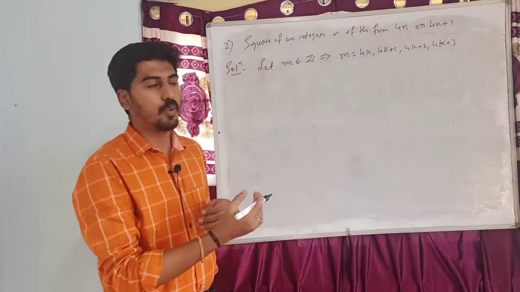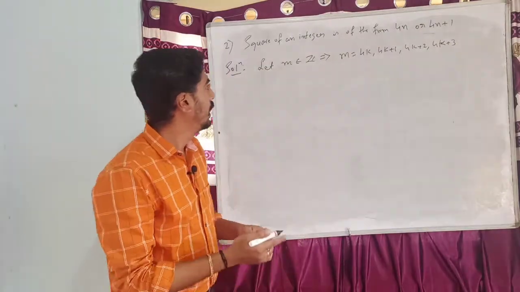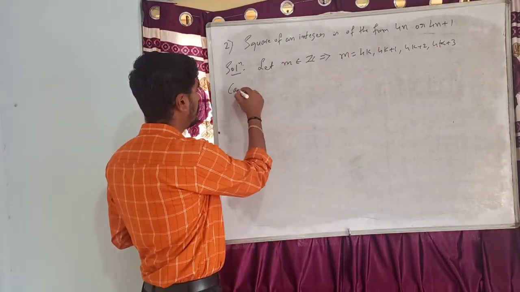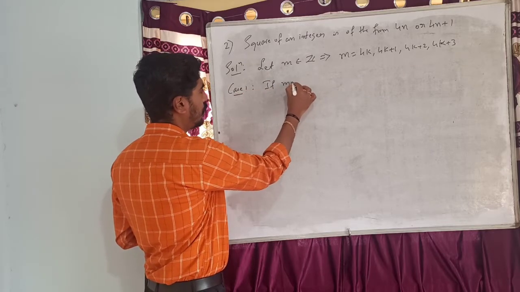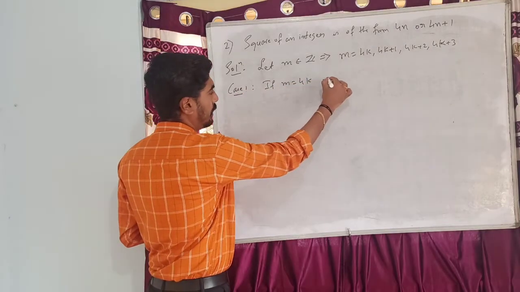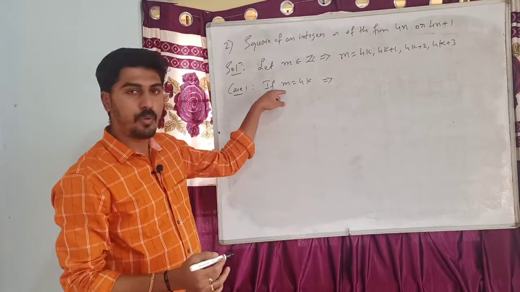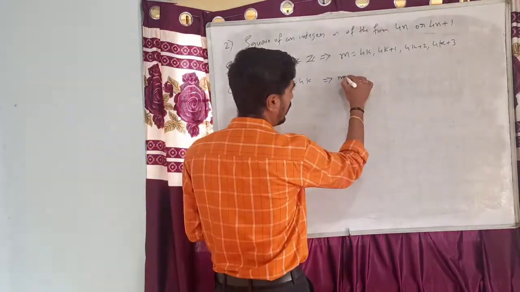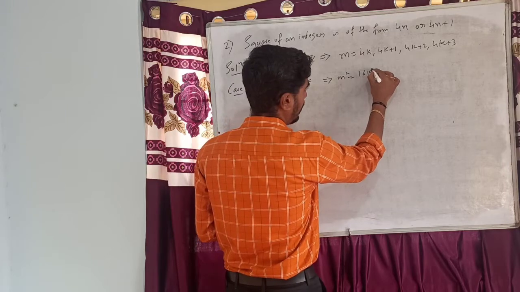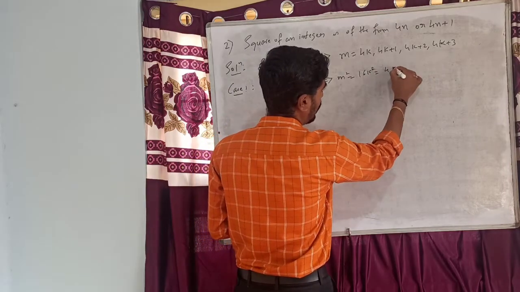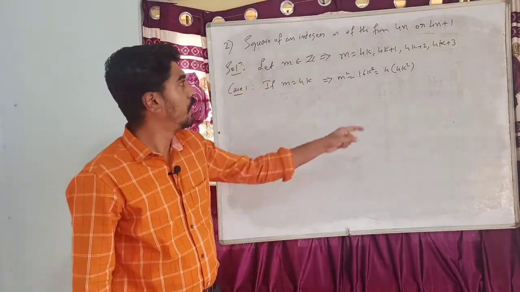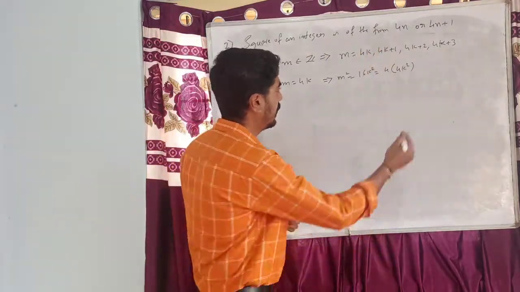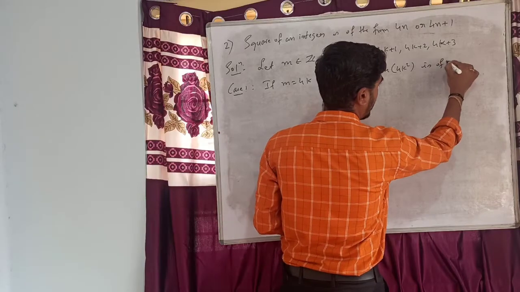It should be of one of these forms. In case 1, if I take m equal to 4k, then the square of m will be equal to 16k square, which can be written as 4 into 4k square, which is of the form 4n.